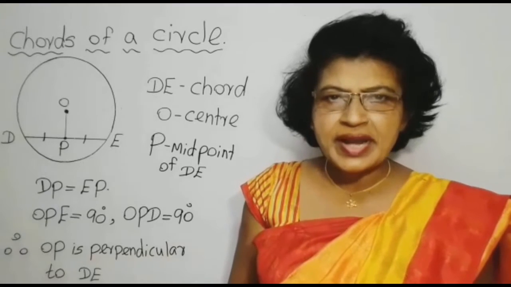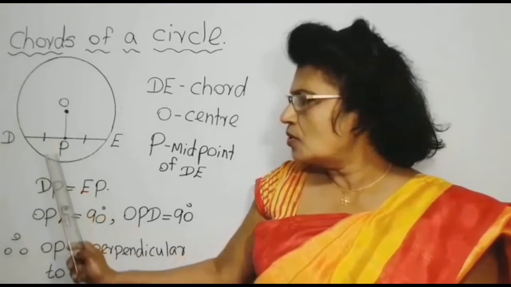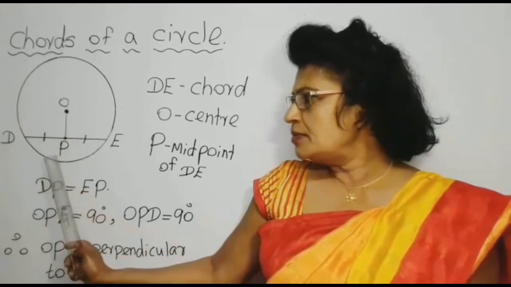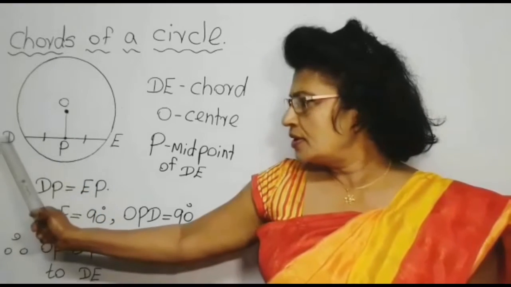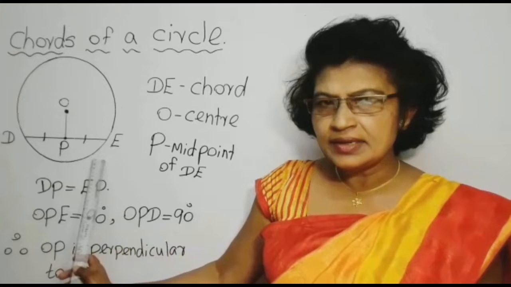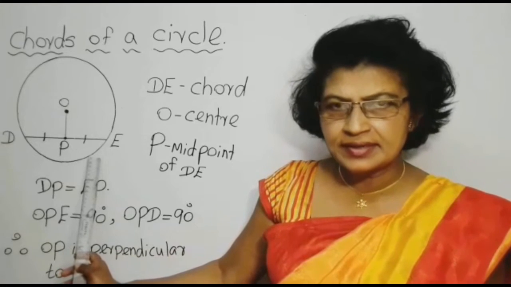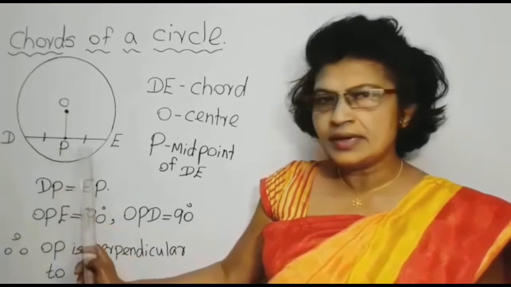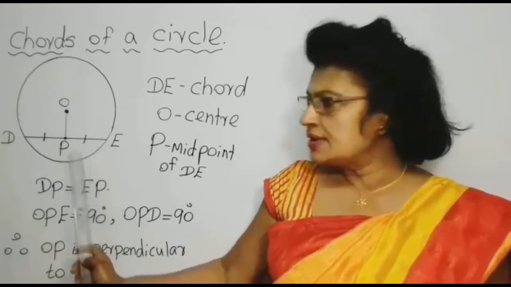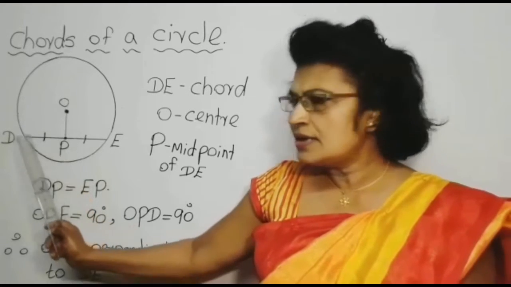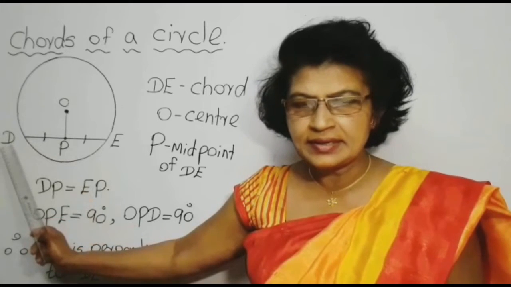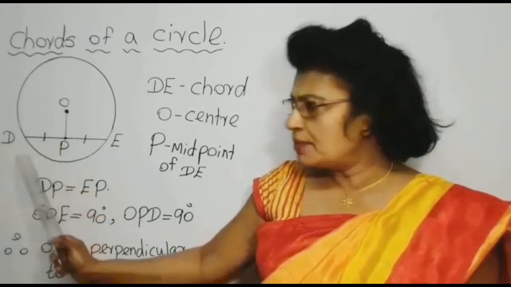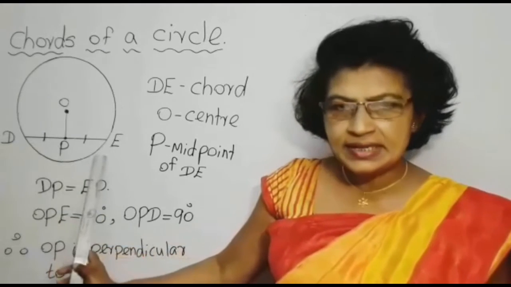When we draw a straight line from O to P, that means from the center to the midpoint of the chord DE, it makes 90 degrees. So angle OPE equals 90 degrees, angle OPD equals 90 degrees. Therefore, OP is perpendicular to DE.